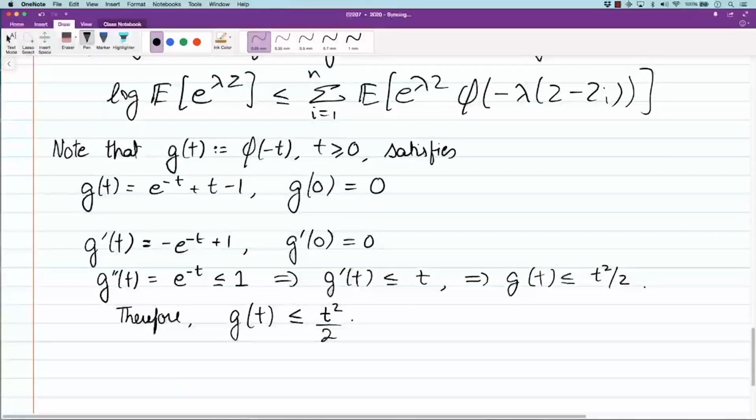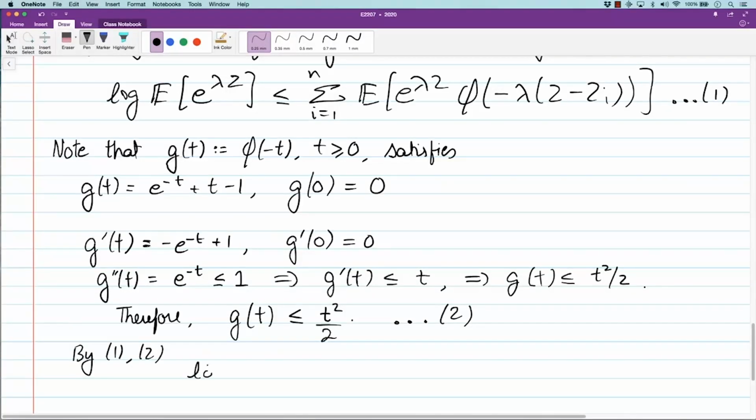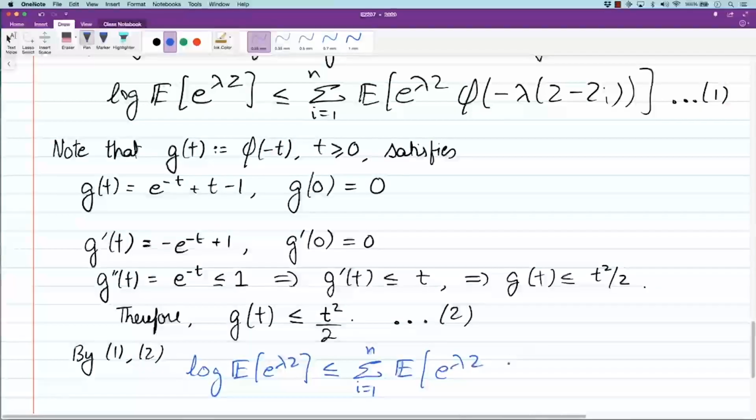So we have this bound, and this is our first observation: the modified log-Sobolev inequality. This is some elementary bound for this function. Earlier it was not clear why we have this function, but now we have this nice property for the phi function. So combining 1 and 2, we get that the log of the expected value of e to the power lambda Z is less than or equal to the summation over i equal to 1 to n of the expected value of e to the power lambda Z. Now we substitute this bound, lambda squared by 2 times (Z minus Zi) squared.